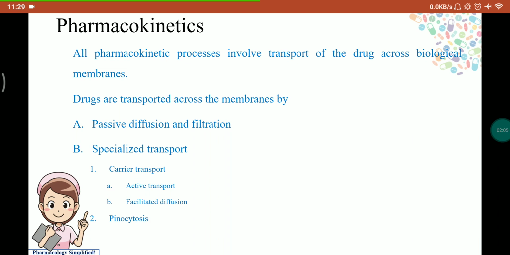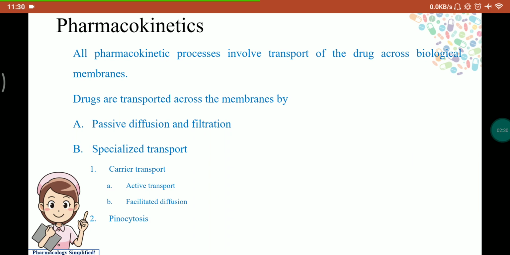Before absorption, drugs should be transported. There should be a mechanism of absorption. All drugs are transported across the cell membranes by means of active transport or passive transport.